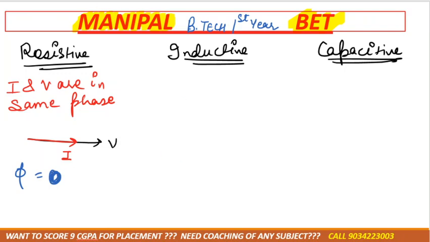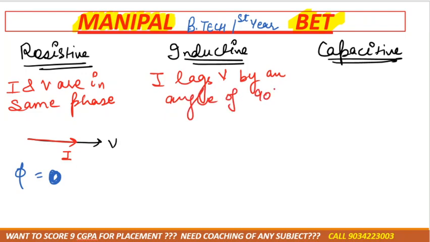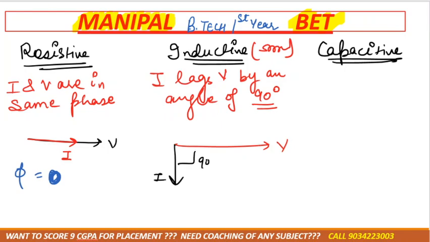Now inductive case. In case of inductive, current lags voltage by an angle of 90 degree, if it's a pure inductor, means only inductor. Okay, like voltage is on the x-axis, current lags means it will be on the downward side.